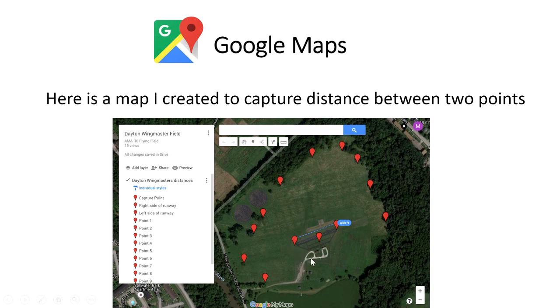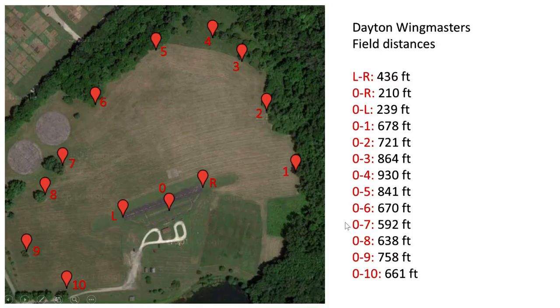It shows the center here is where I would be standing. Each of these dots represents a location, and what I'm trying to do is to find out how many feet that is from where I'm standing, as well as how many feet the runway is. So once I've identified each of the locations, I can then also do a check to find out how far it is from 0 to 1, 0 to 2, and so forth, as well as from L to R, which would represent the length of the runway.